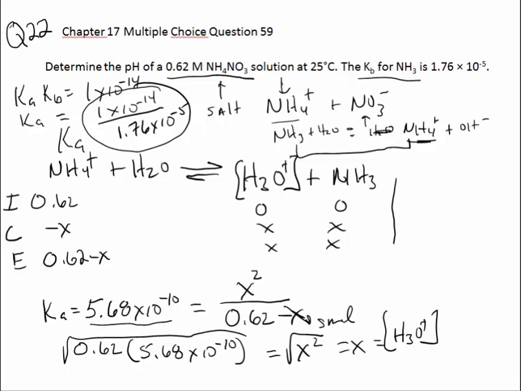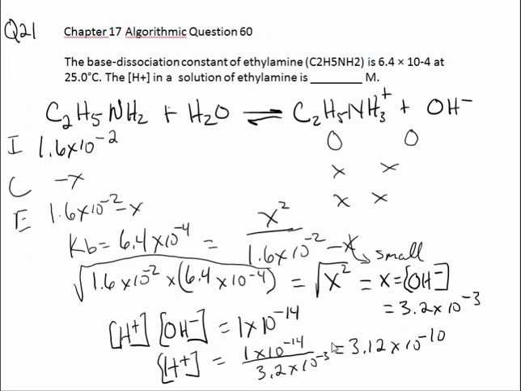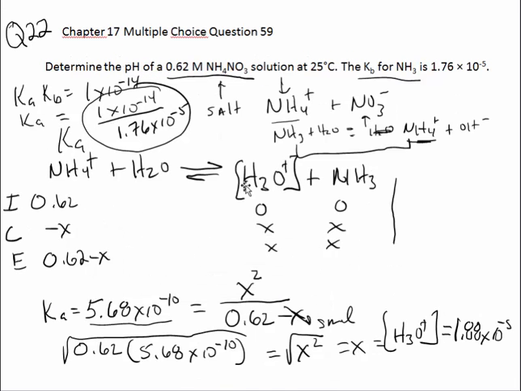And we want to know the pH. So that value here turns out to be equal to 1.88 times 10 to the minus 5th. And so we take the minus log of that.